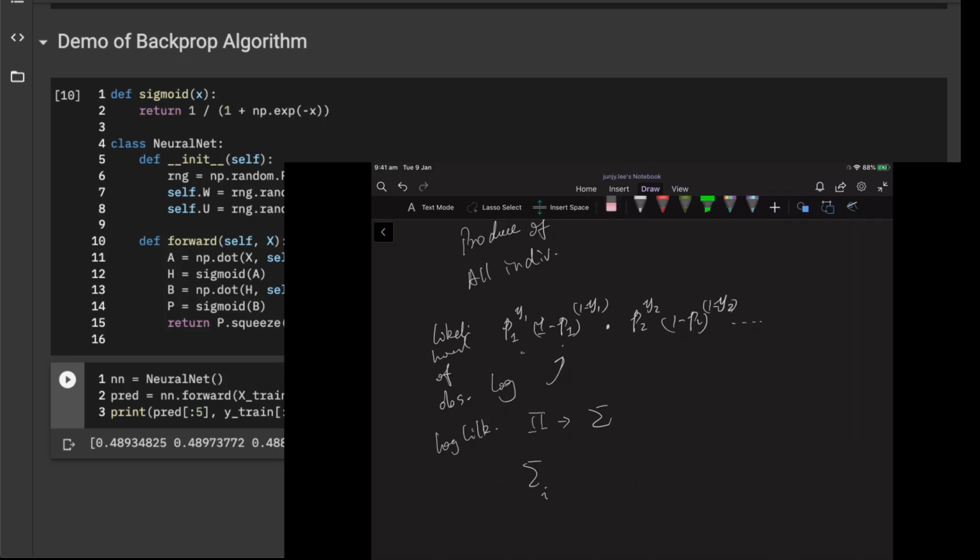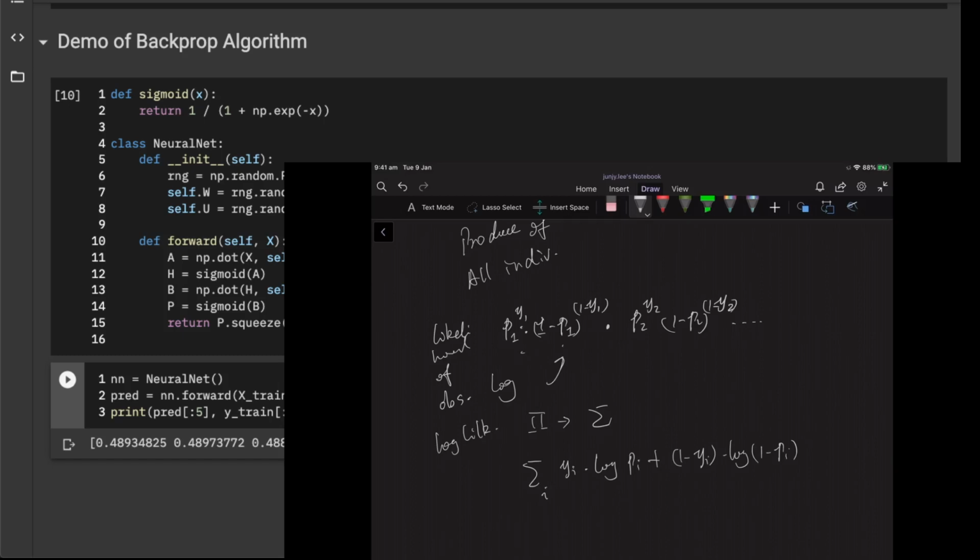I need to take the logarithm of them. So by taking the logarithm, this power becomes a multiplication, yi times log pi, and this multiplication becomes a sum, plus 1 minus yi times log 1 minus pi. So this will be the logarithm.